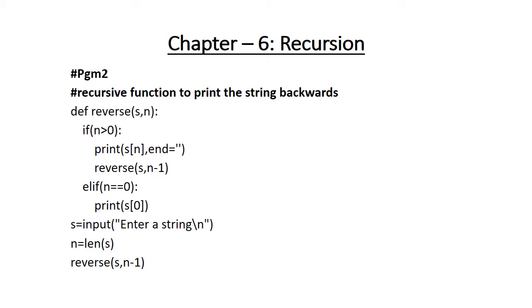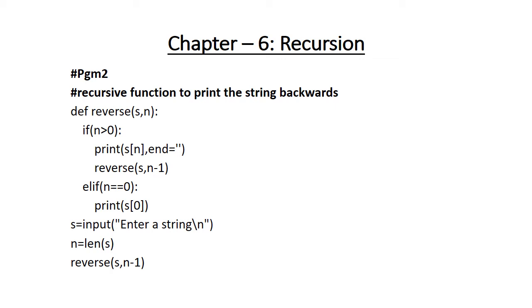Now to the function. In that function, if the length of that string, here it is n minus 1, is greater than 0, then it will print the last character of that string. And after that some space will be there.